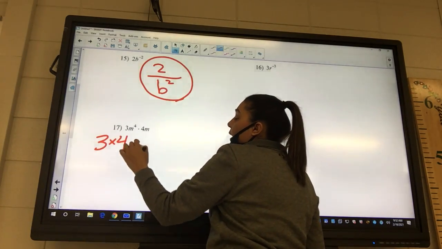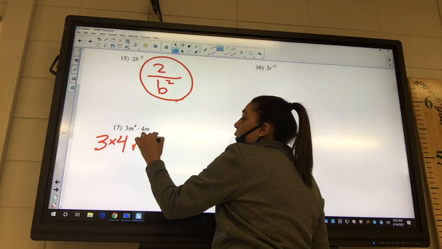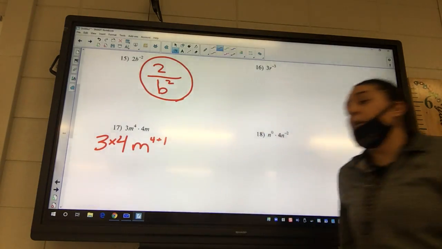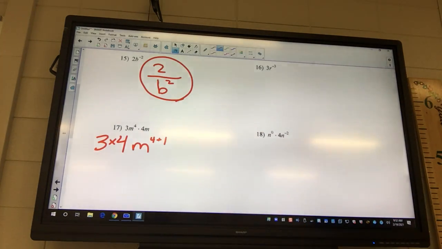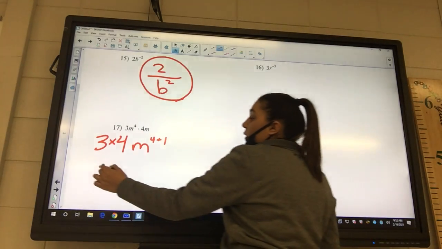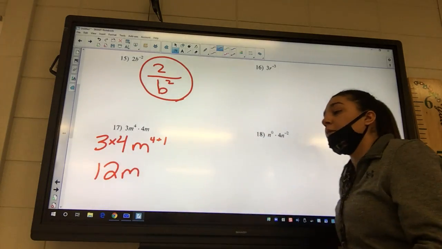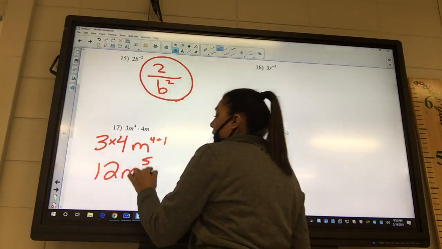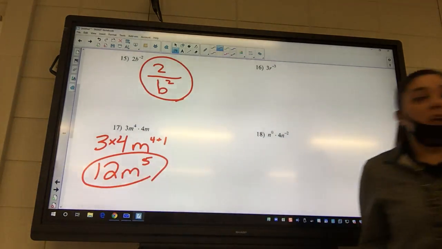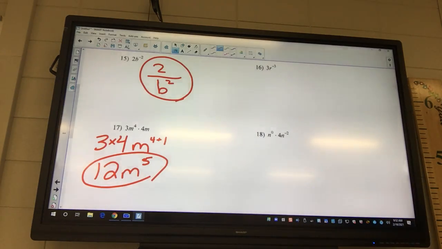Multiply the bigs, and we add up the littles. So 3 times 4, and then we got m to the 4 plus 1. It's going to be 5. Okay, we have no negatives, we have no zeros, so it's going to stay like that.